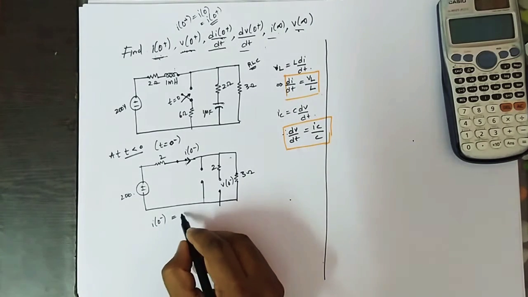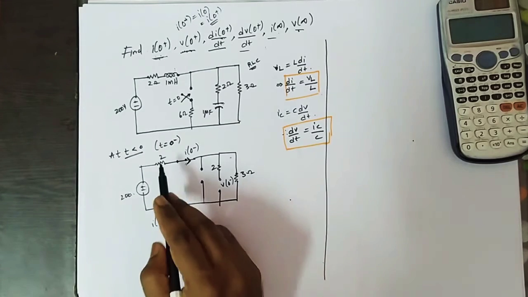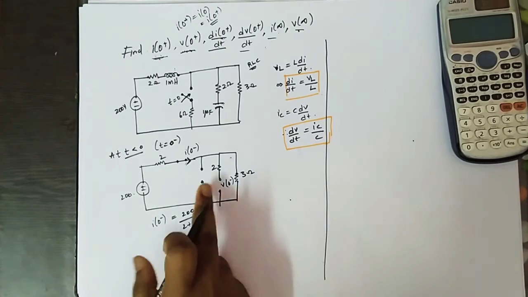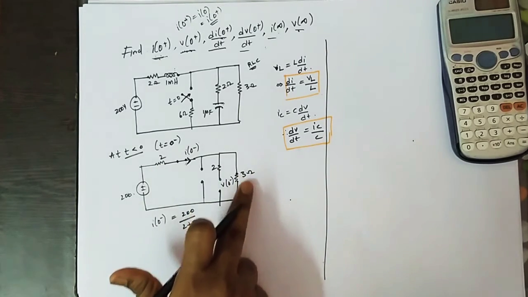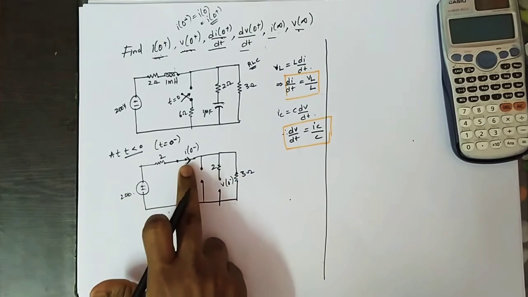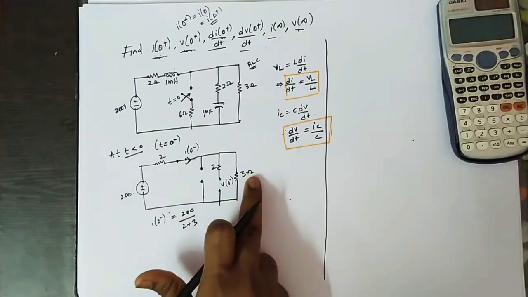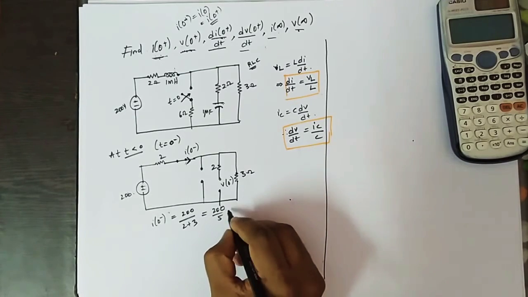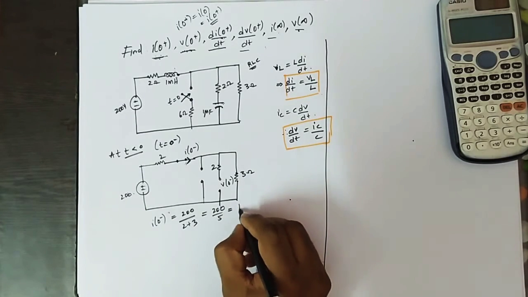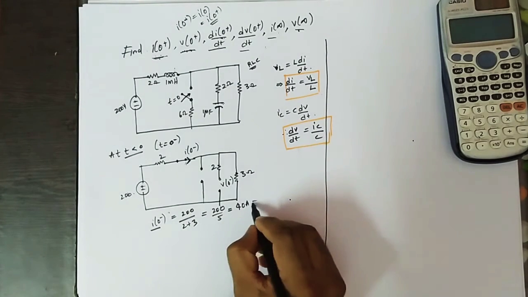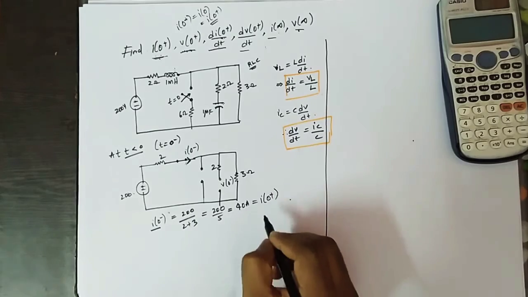So i of 0 minus is 200 by 2 plus 3. The entire source is acting in a loop, and the current passes through 2 ohms and 3 ohms. Directly, 200 by 5 equals 40 amps. So this i of 0 minus will be equal to i of 0 plus.